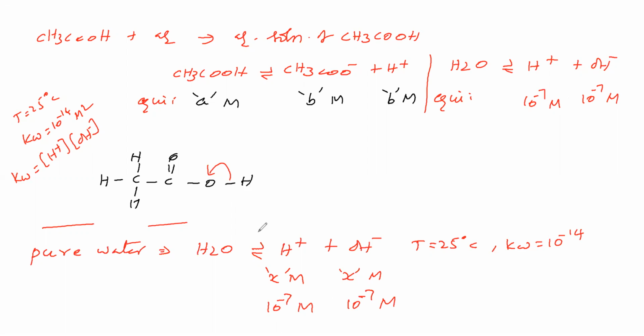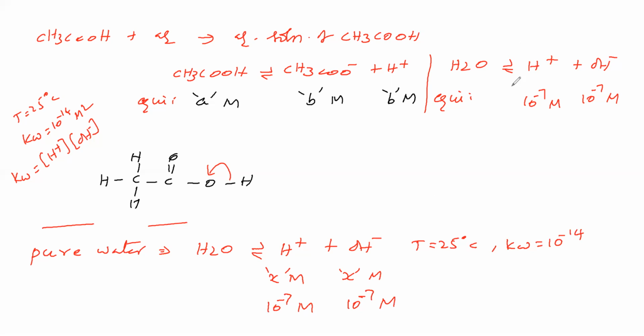Because here you see the equilibrium. In this equilibrium, what is on the left side? Undissociated water molecule, and here also undissociated water molecule. On the right side, H plus and OH minus ions, and here also H plus and OH minus ions.